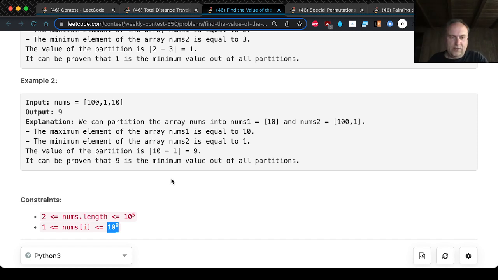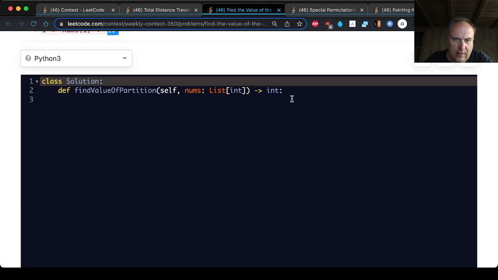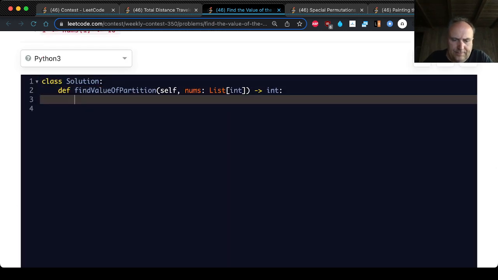Hopefully it doesn't take too much memory. But let's say, okay, so let's say we have prefix min, and then, you know, suffix min, and prefix max, suffix max.